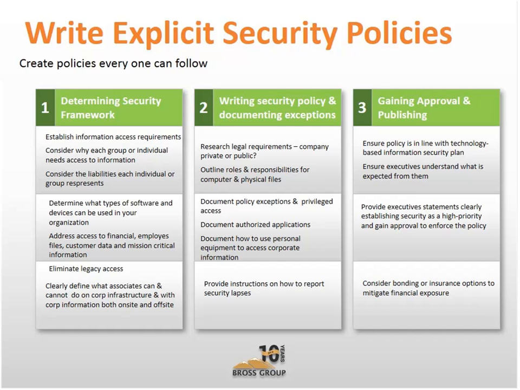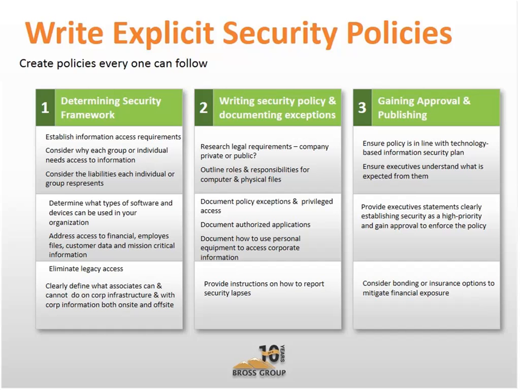So I want to say, in many cases, companies want policies to be very high level. Security policies really need to be explicit, and they need to be maintained on a regular basis. So the second bit of critical information and language to put in your policies is to address who has administrative rights.